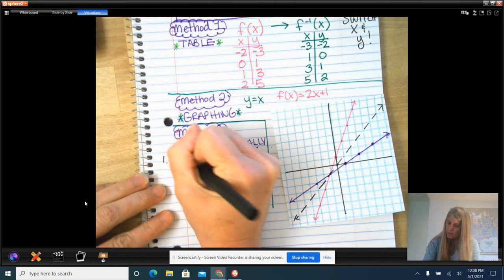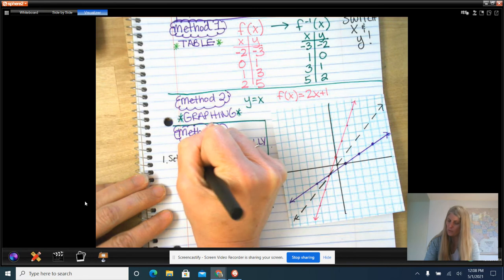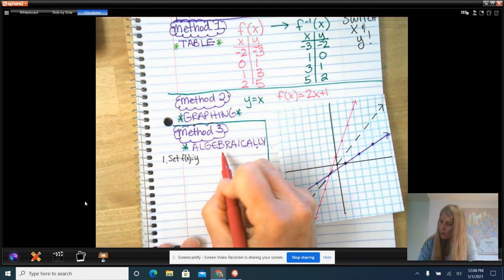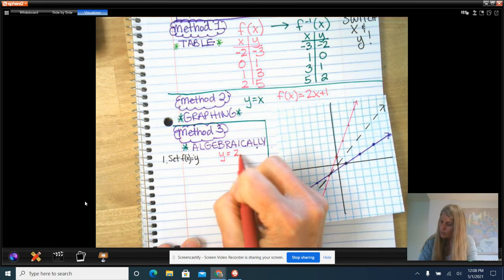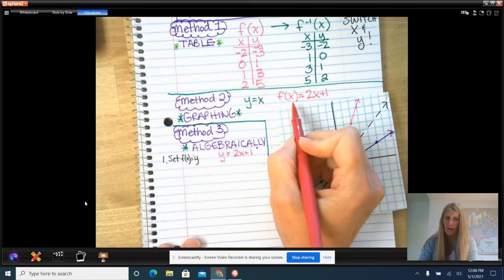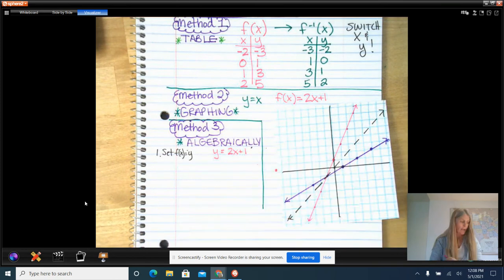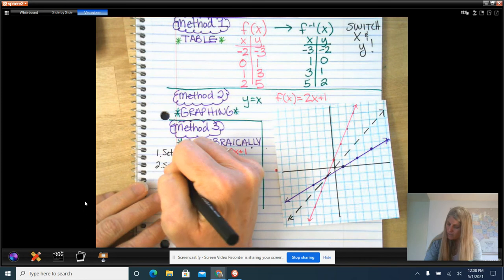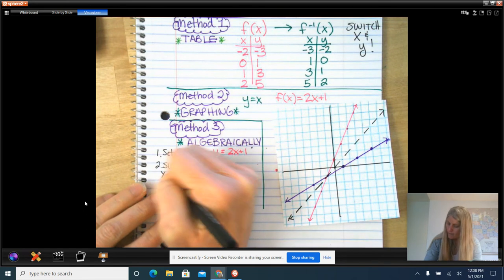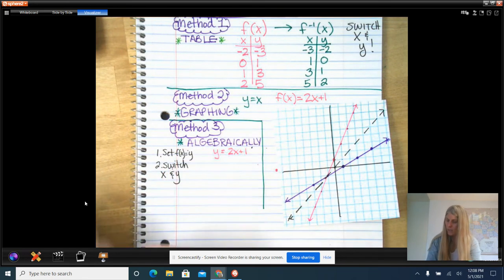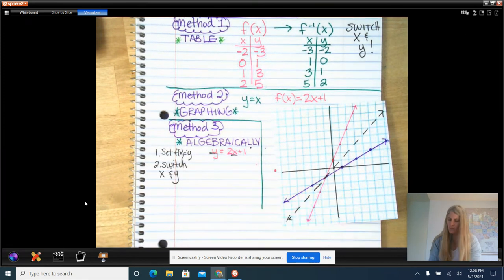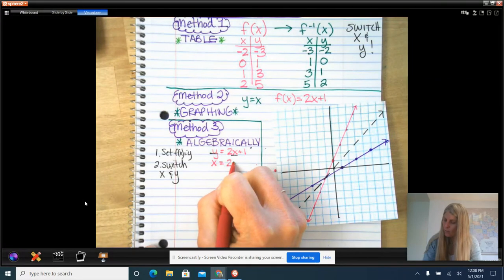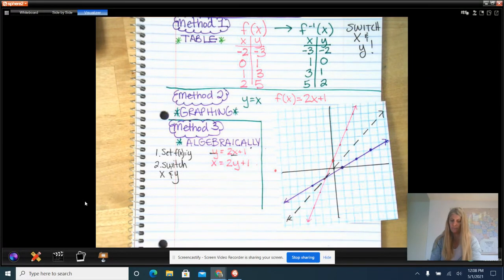Set f of x equal to y. So we're going to use the same equation, and so we're going to have y is equal to 2x plus 1. So all I did is, instead of writing f of x, I wrote y. Step number 2, switch x and y. So we're going to go ahead and switch x and y here. So we're going to have x is equal to 2y plus 1.